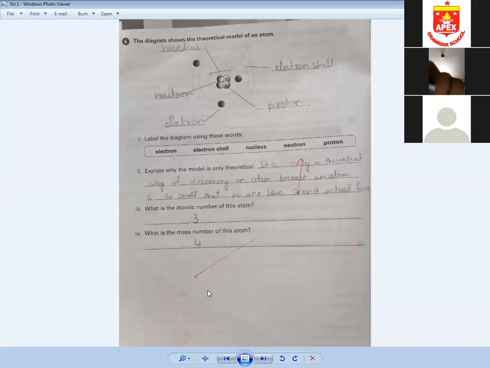Protons have positive charge and neutrons have no charge. So in the line which is marked here, you can see there are 2 plus signs. It means there are 2 positive particles in the center of the nucleus, which are showing the protons.